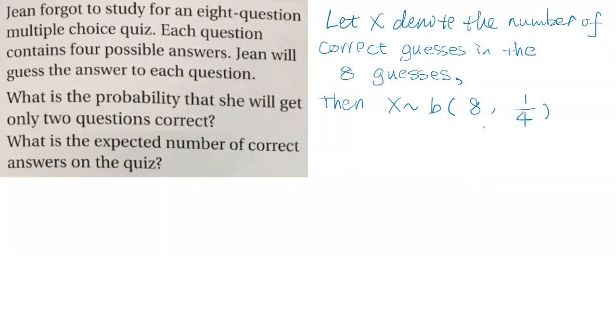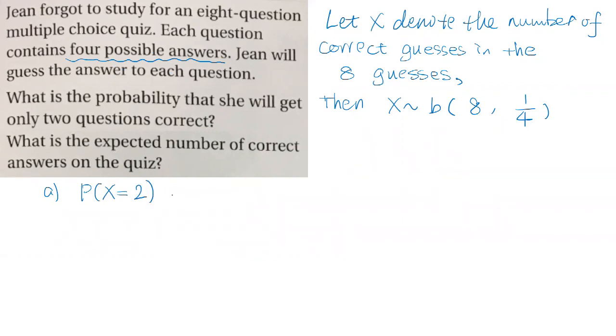Because for each question, there are 4 possible answers, that means 1 correct answer out of 4 possible answers. So the probability of guessing correctly for each question is 1/4. Okay, so the first one asks us to calculate the probability of x being 2, right?